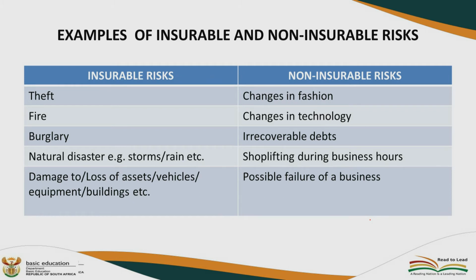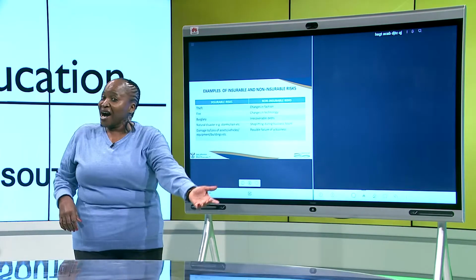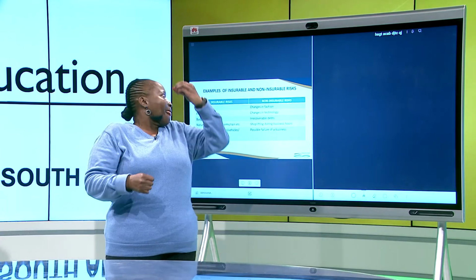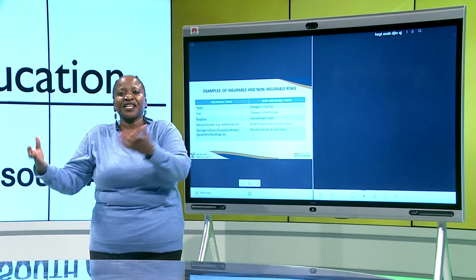There's also possible failure of a business. All these risks cannot be insured. Which risks can be insured? Insurable risks: theft, fire, burglary, natural disaster, they can be insured. So basically, under examples, examiners may ask you to define or elaborate on the meaning of non-insurable risk and give 3 examples, or to elaborate on the meaning of insurable risk and give 3 examples.